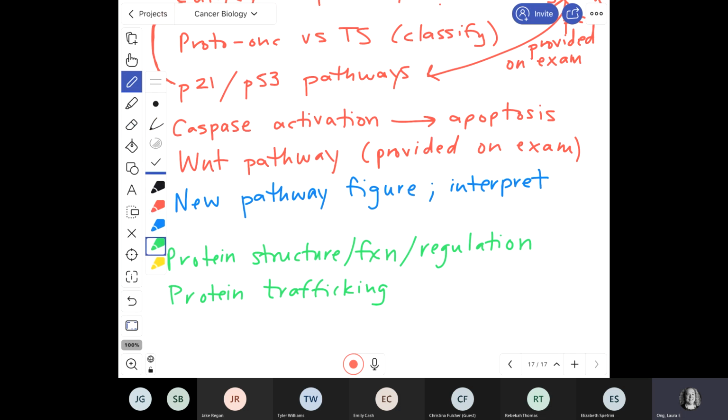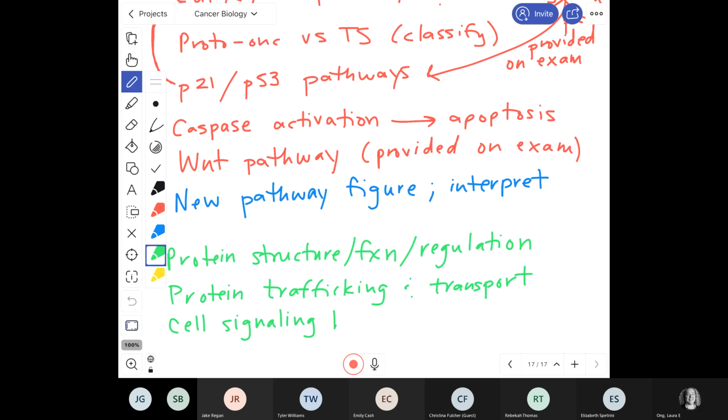Protein trafficking and transport was from Unit 3. And also stuff about cell signaling. So cell signaling basics like G protein and RTK pathways. You still need to know the basics of G protein pathways and RTK pathways.